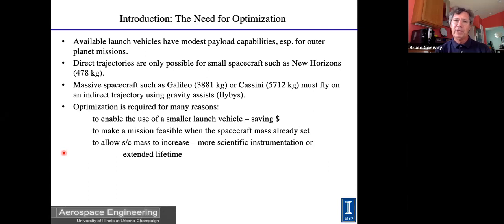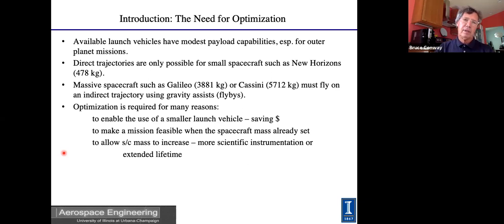So when you go from a Delta to an Atlas V to a SpaceX Falcon Heavy version and so on, the cost is roughly proportional to the size of the launch vehicle. So if NASA gives you a certain budget, a lot of that budget goes to the launch vehicle. You'd like to use as small a one as you can.